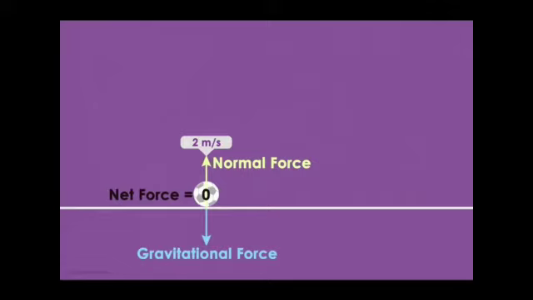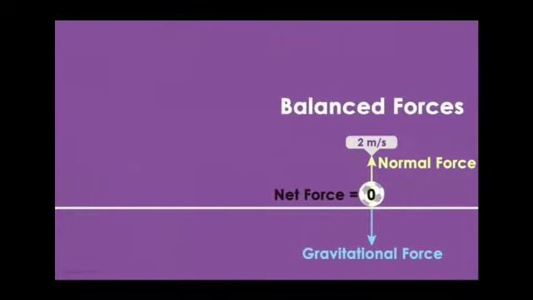Will the ball stop moving? No, it won't. It will continue to move along the same direction at the same speed unless another external force acts on it. Here, as the forces are balanced, the ball will continue to move.